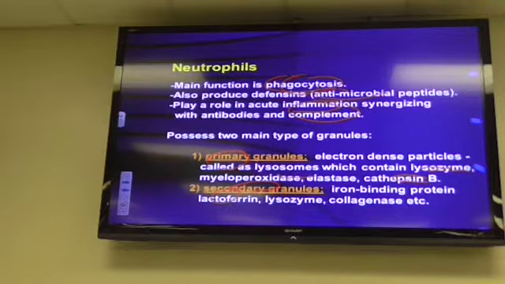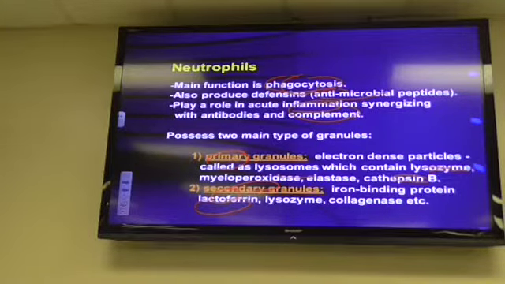The secondary granules, the first one shown is lactoferrin. We'll talk about this again, but lactoferrin is the one that binds iron from the surrounding environment. It binds to that iron, makes it unavailable to the bacteria.